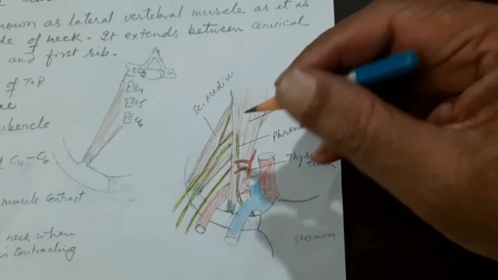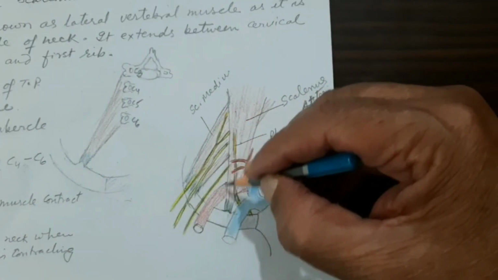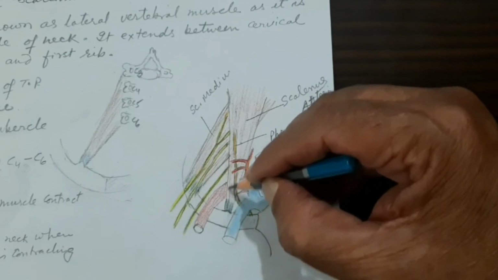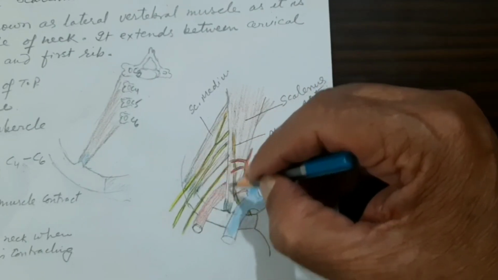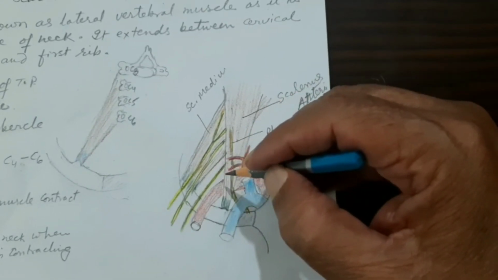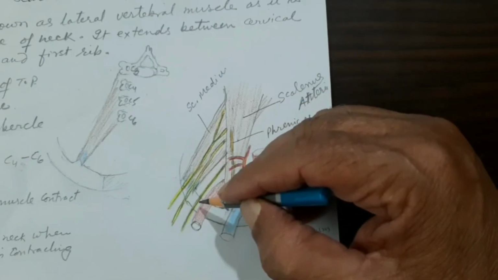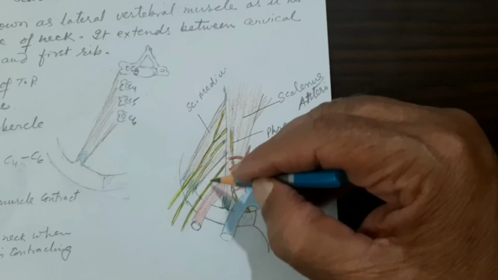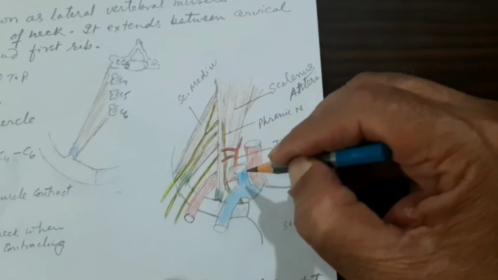Now, in this position you are able to see a triangle here, and this triangle is called the scalene triangle. In this triangle you can see the trunks of the brachial plexus and the subclavian artery, the lower trunk of the brachial plexus and the third part of the subclavian artery.